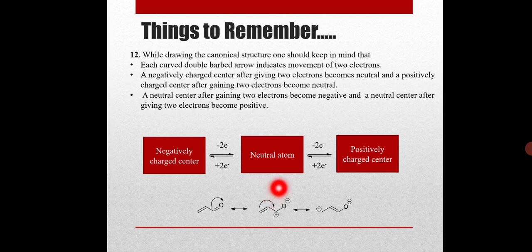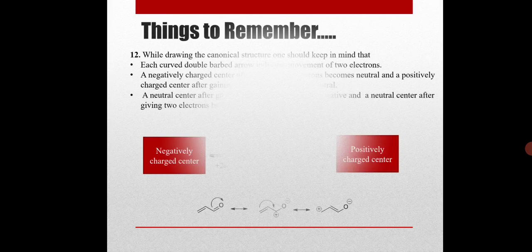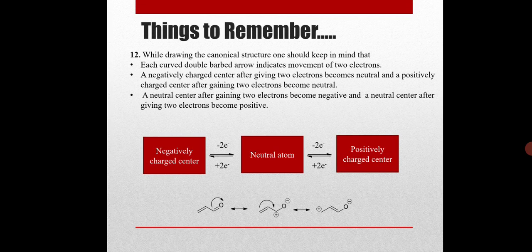Now what happens? The moment this carbon becomes positively charged, it pulls the pi electrons adjacent to it towards itself, so the pi electrons shift here and the terminal carbon also becomes positively charged. What happens to the central carbon?